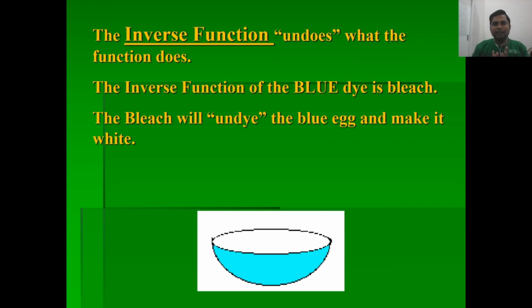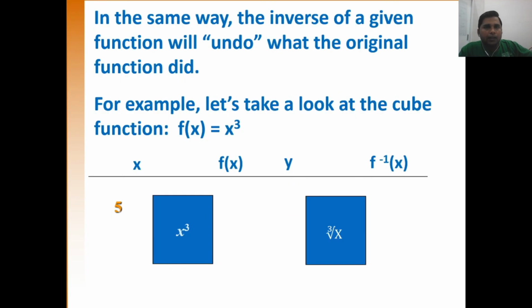Now in this case, for the inverse function, you put the blue egg in the bleach, and it gives you a white egg, which was the initial white egg, right? So let's see the process. It undoes everything which was done by the function. In the same way, the inverse of a function will undo what the original function did.